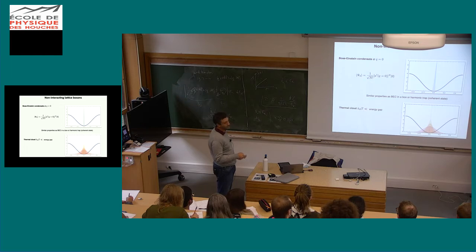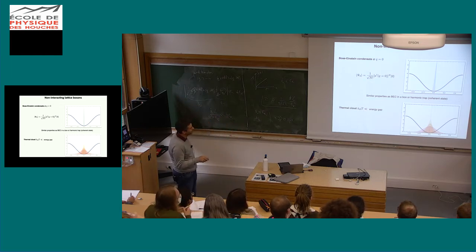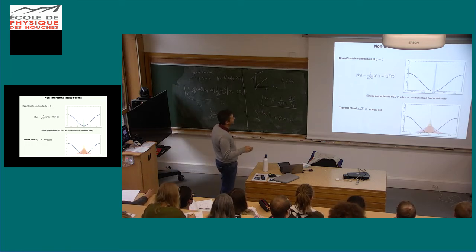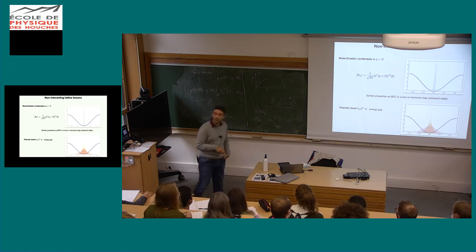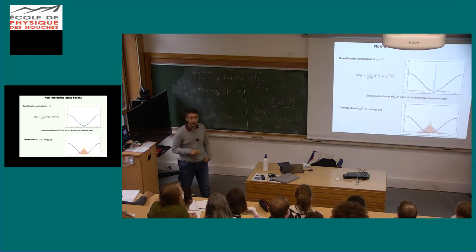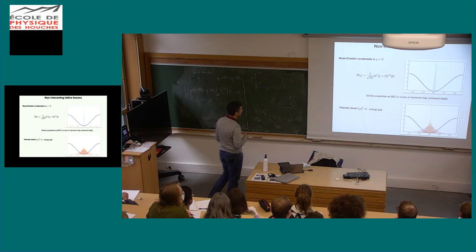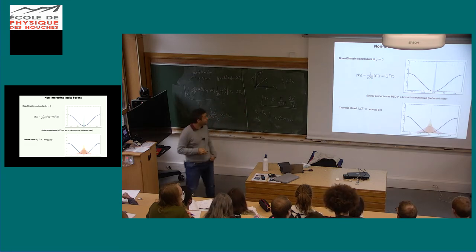I've represented the wave function of the BEC. It's very narrow in momentum. This is the idea, and it's a coherent state in this q equal 0 momentum state, exactly as the coherent state you've seen this week. So it has similar properties to the ones you know in a box or harmonic trap.